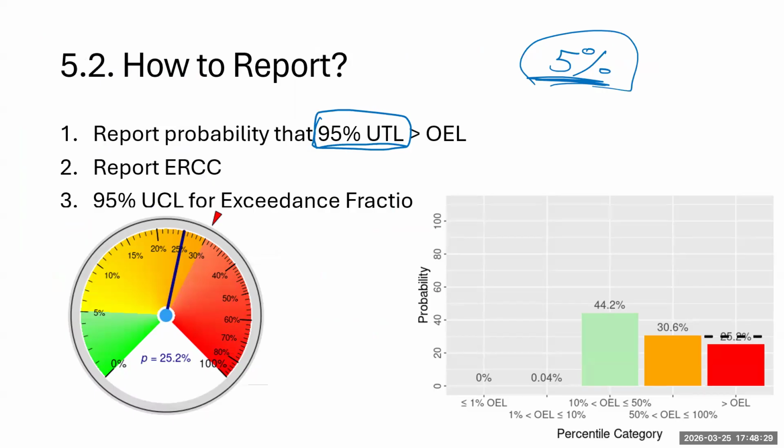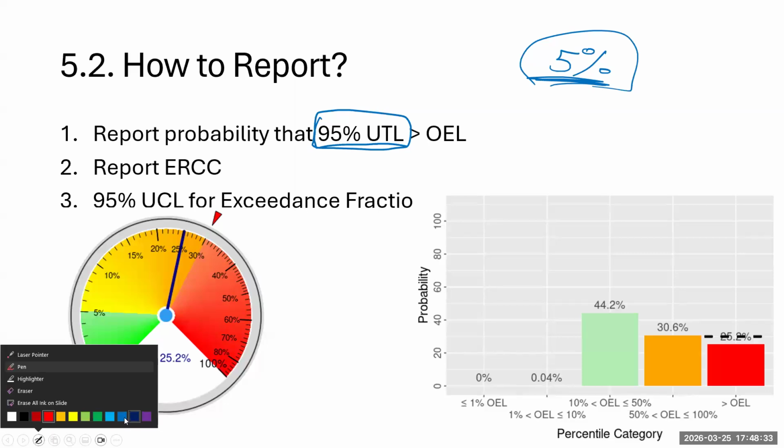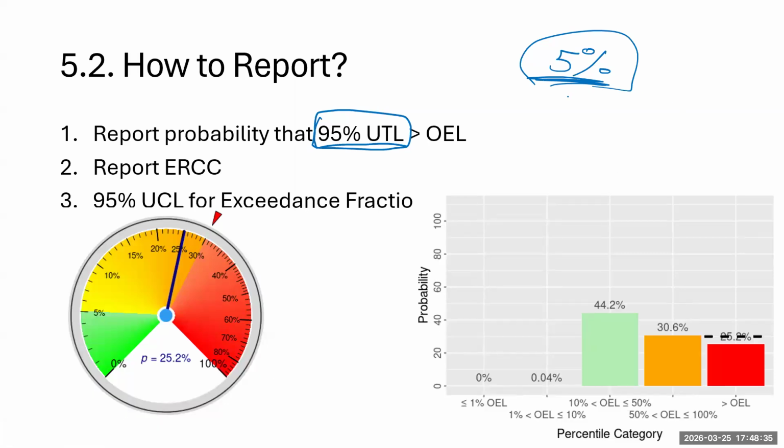Let's say this is a good example: it's 25%, a 25% chance that our 95th percentile is in that category.